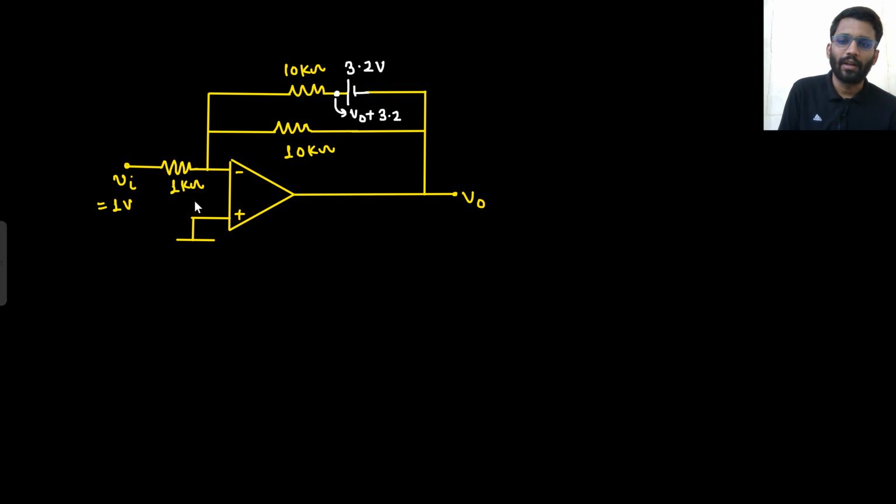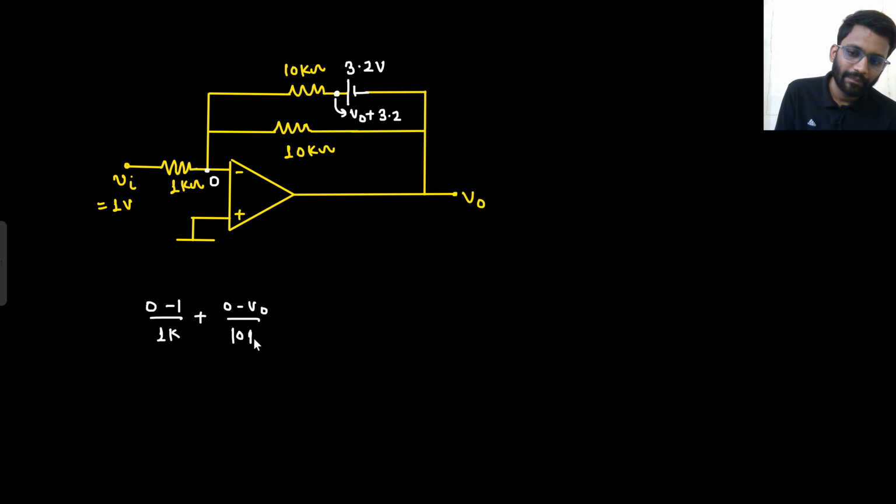So what will be your output voltage? There is certainly negative feedback involved, so this node will be 0. So I can write, applying nodal analysis, 0 minus 1 by 1k, plus 0 minus V0 by 10k, plus 0 minus (V0 plus 3.2) divided by 10k is equal to 0.